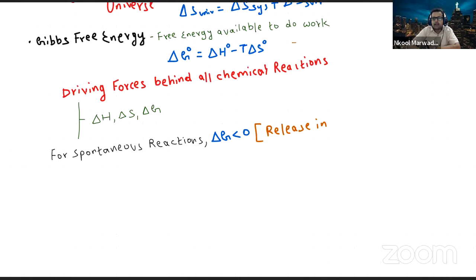And that decrease is because of the process, spontaneity. This is the main criteria for the spontaneity of a chemical reaction.